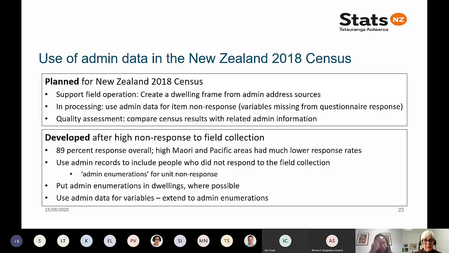And in the census, we always try to put most people into the dwellings where they live, and so we tried to do that as far as we could with the administrative data we had to create households, but in some cases we couldn't reliably create households, so we placed people in the small area where they live. And we used administrative data for variable information much more than we'd planned, because with those admin enumerations, that was the only source of information we had.